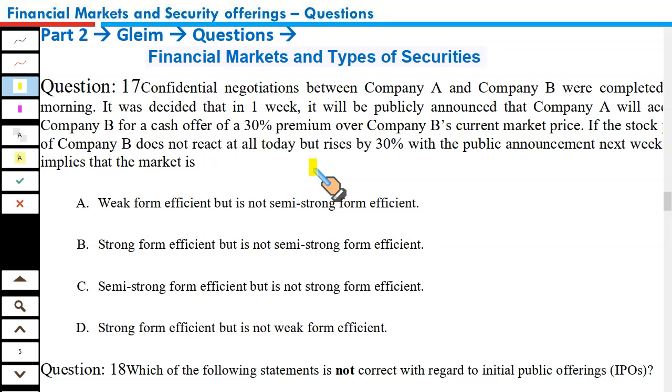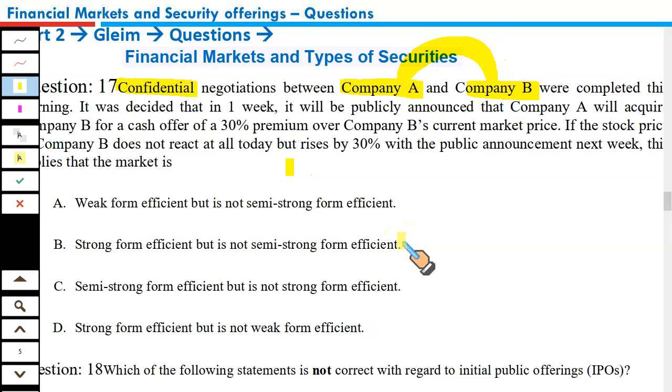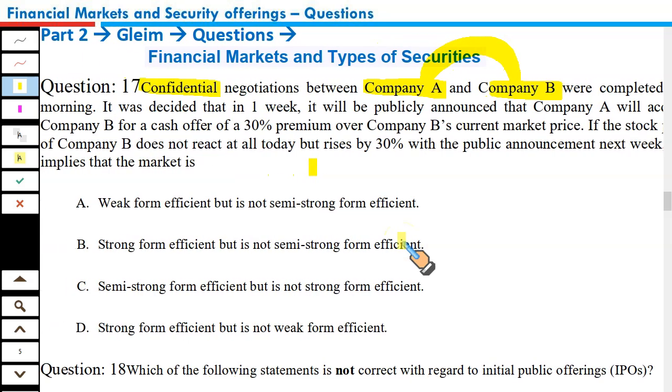Okay, it's a good question. Confidential negotiations between company A and company B were completed. Remember, confidential. There is some element of private information. The negotiations were completed this morning.